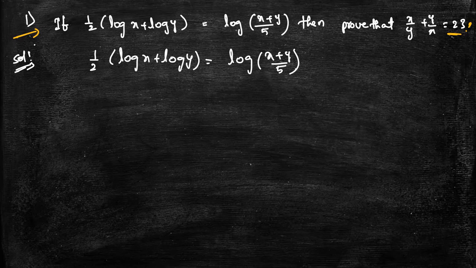Here, this 1 by 2 I will take to the right side of the equation. It becomes log x plus log y is equal to 2 into log of (x plus y) by 5.